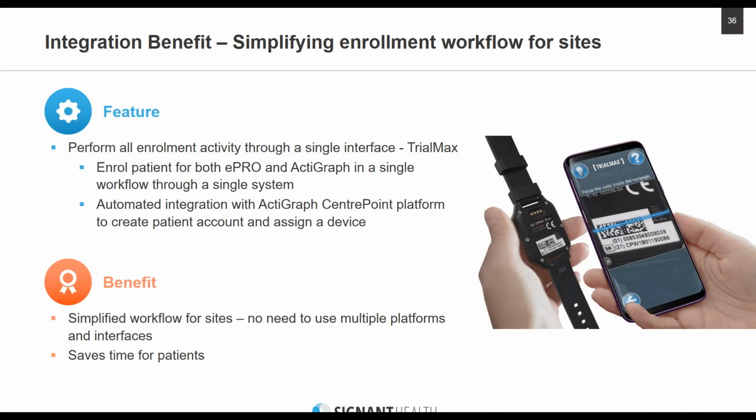And the benefit to this is really clear. It's a much more simplified workflow for sites, and there's no need to use multiple platforms and interfaces, and it saves time for patients as well, because there's far fewer steps to go through in order to do that enrollment. Next slide, please.